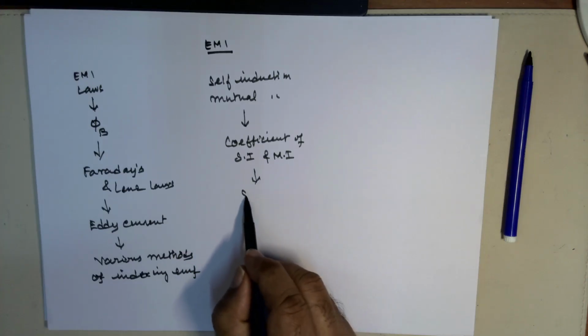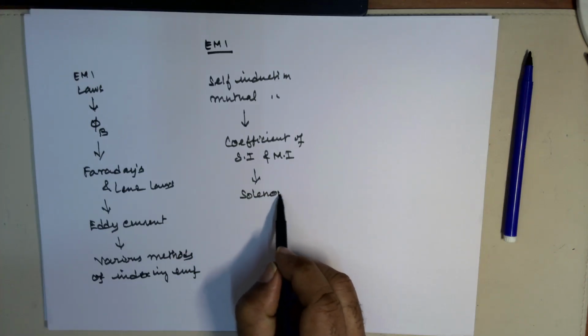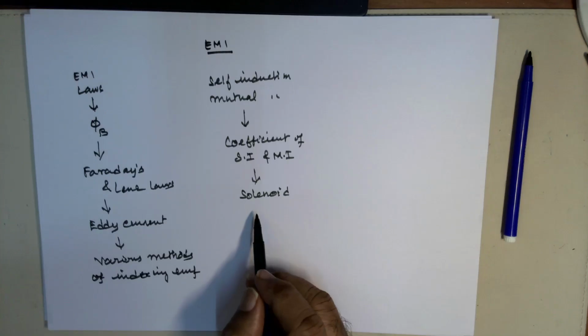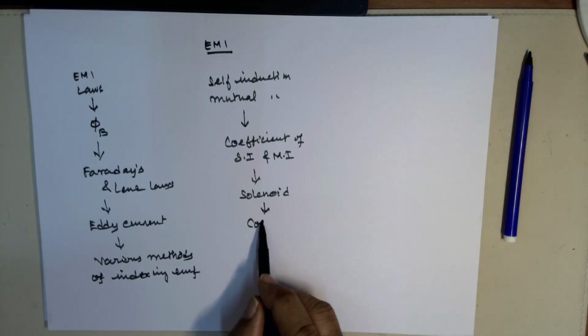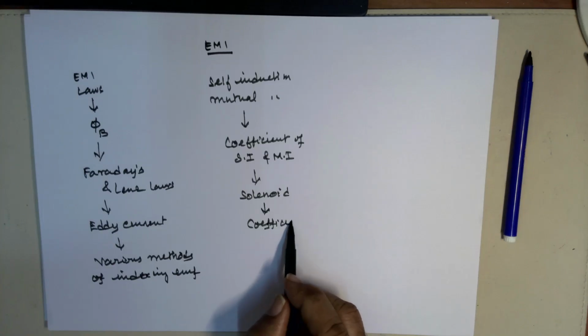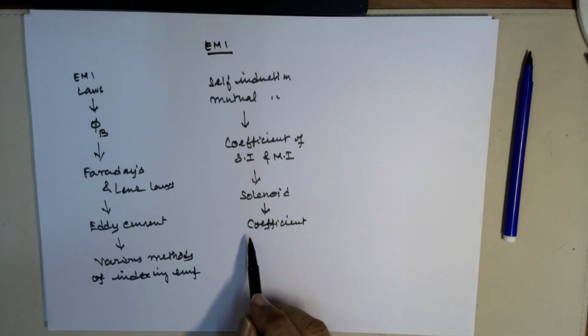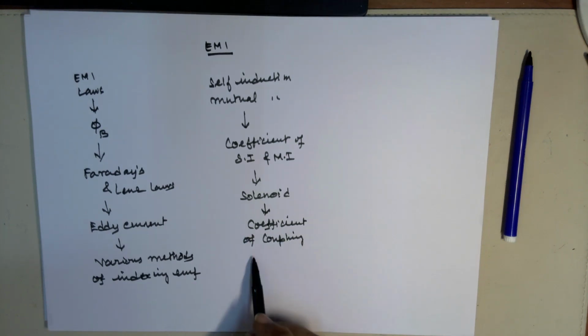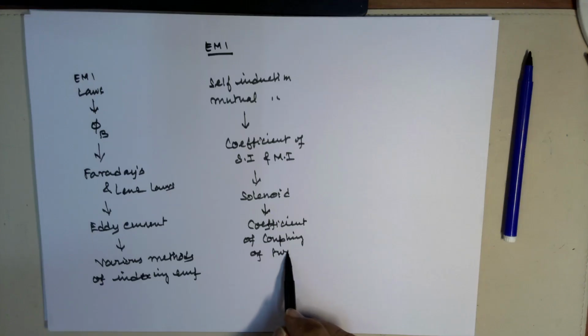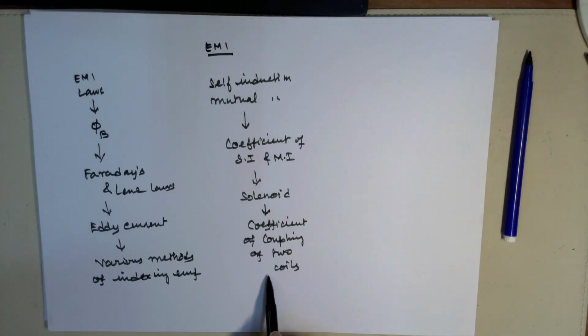Then I'll be explaining about the solenoid. Then there is a concept called the coefficient of coupling of two coils. Then we need to know something about the non-inductive winding.